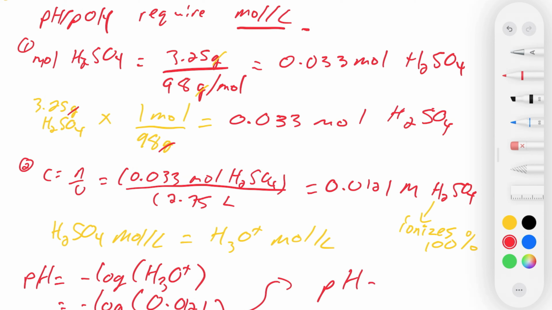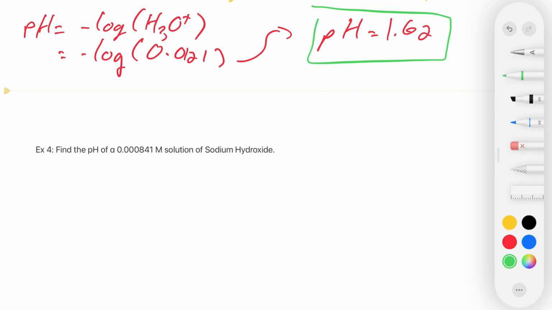And then finally, the pH of this solution would be about 1.62. Okay, so a little bit more complicated, more steps, but the idea is still the same. And we're going to conclude with a final, more complicated one over here.